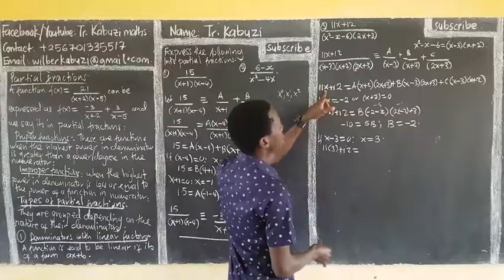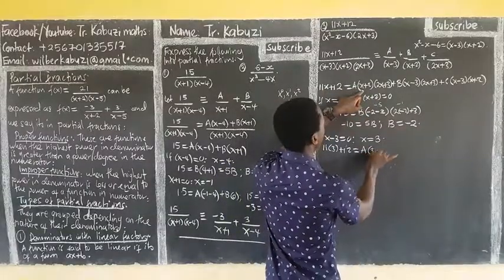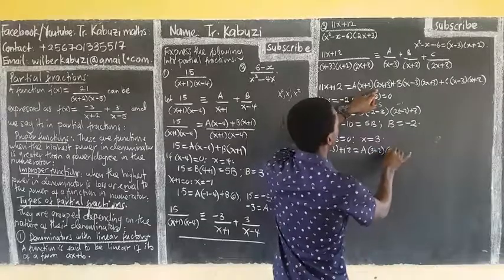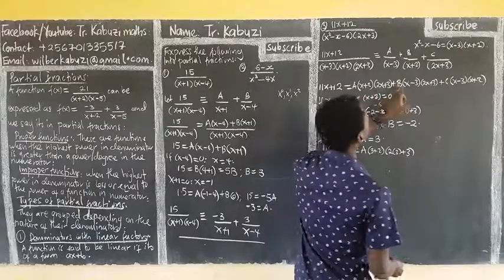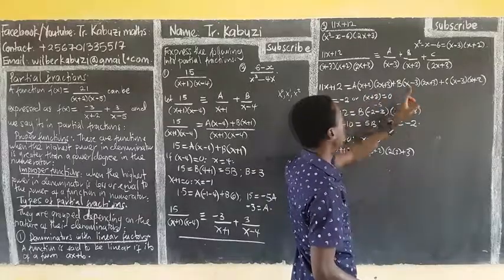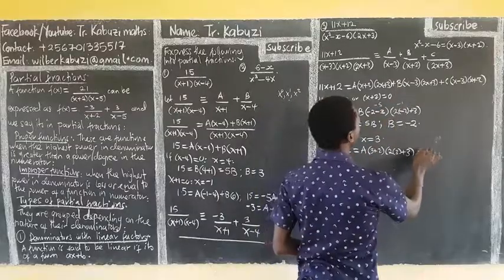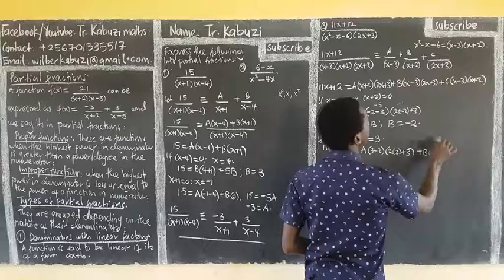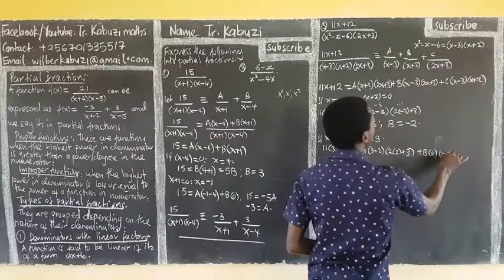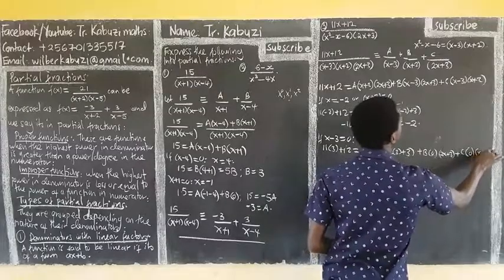We are putting in this equation. So here I'm going to be having A into (3 plus 2)(2 into 3 plus 3). So this one is going to be 0, because I said x minus 3 is 0. So I'm going to be having plus B into 0 into here (2x plus 3), then plus C into 0 into (x plus 2).